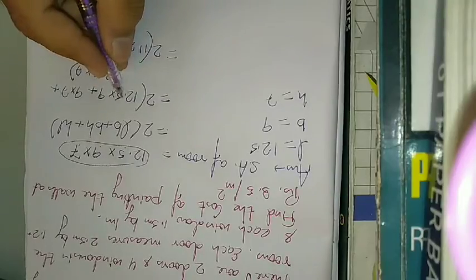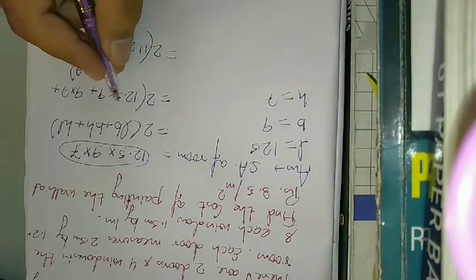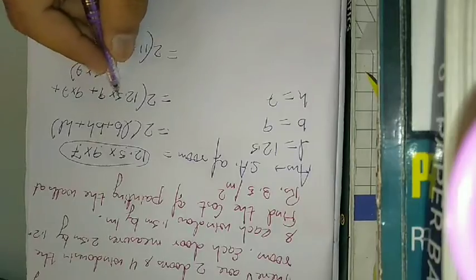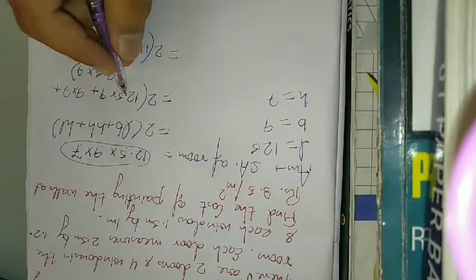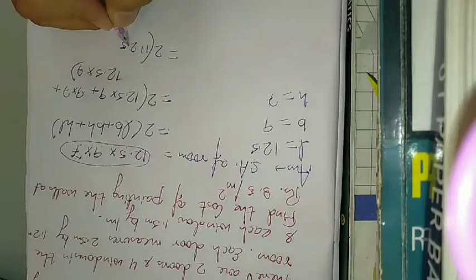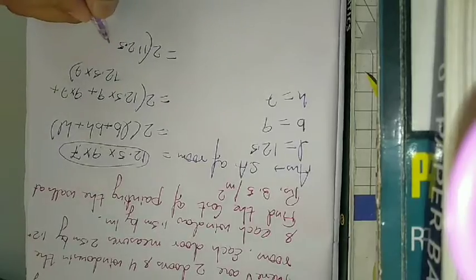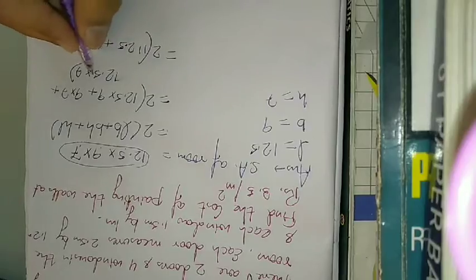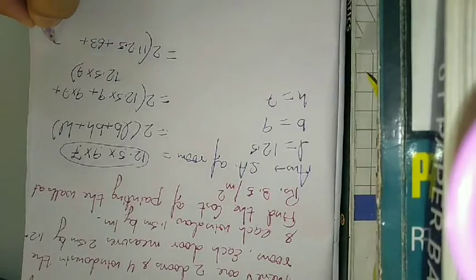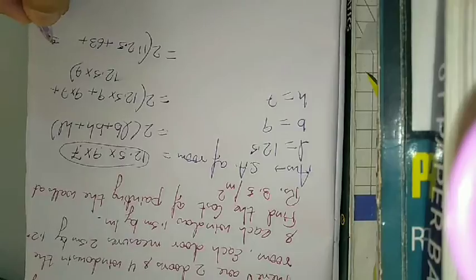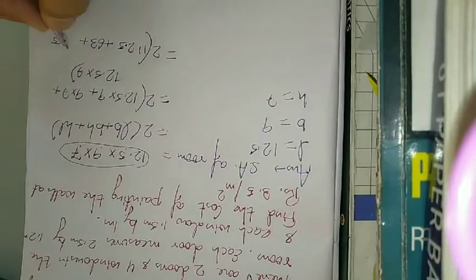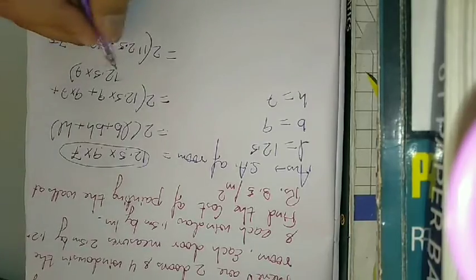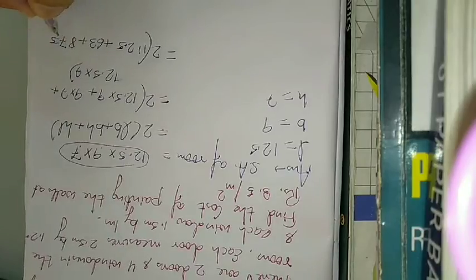After decimal we have only 1 digit, so here also after decimal there will be 1 digit only. 7 5s are 35, carry 3, 7 2s are 14, and 3, 17, carry 1, 7 1s are 7 and 1, 8.